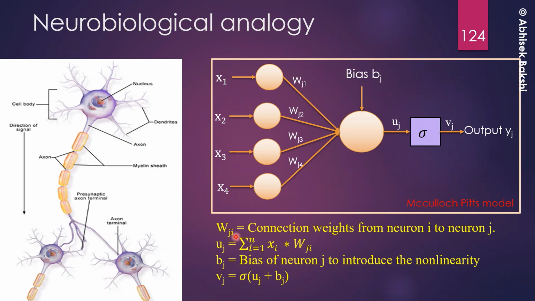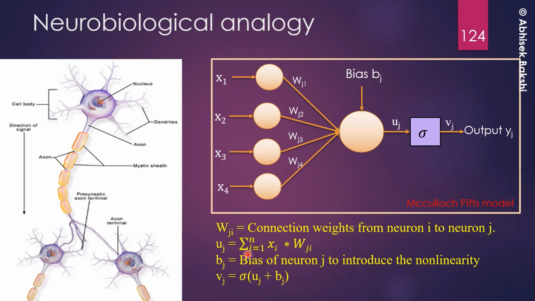and that's what I have written here as a general term: wji, connection between weights from neuron i to neuron j. So we have a neuron on this side, maybe. That's the jth neuron, and these are the ith neurons. So through the ith neurons, the jth neuron is connected in this way. The calculation that we are going through here gives the output uj.